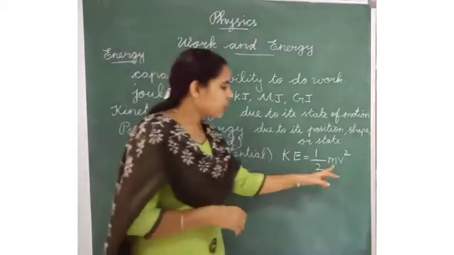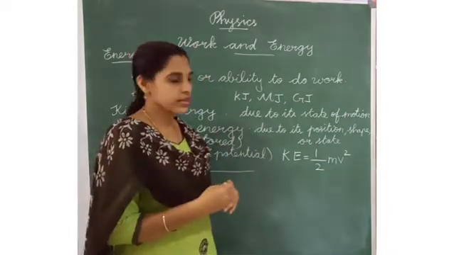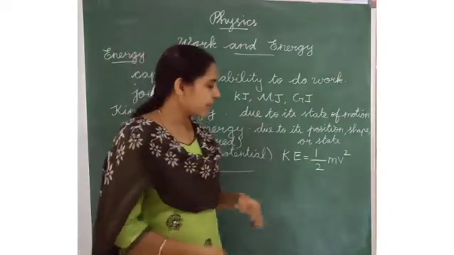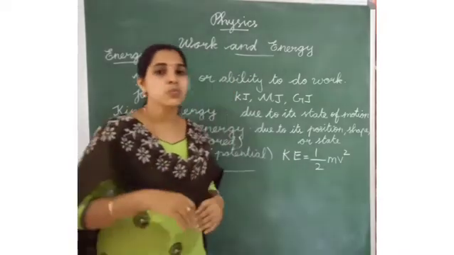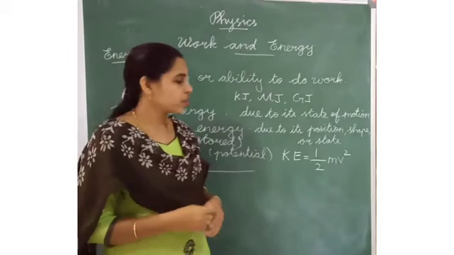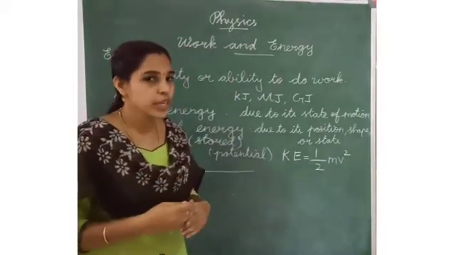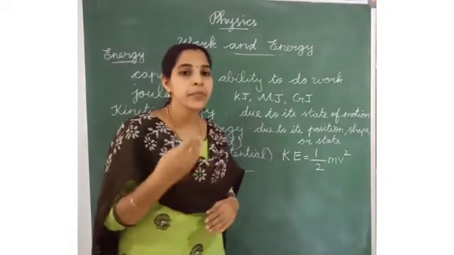When the object has more mass, it has more kinetic energy. When an object has more speed, the kinetic energy will increase. So if the object has more mass, the kinetic energy will be more.